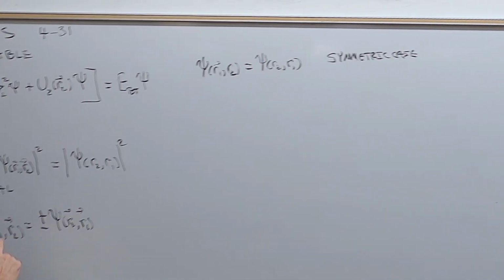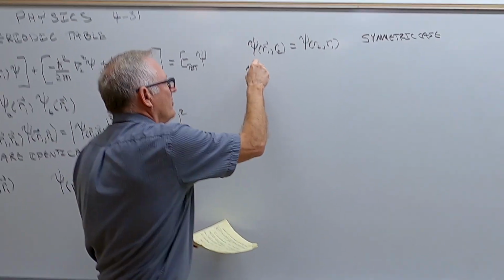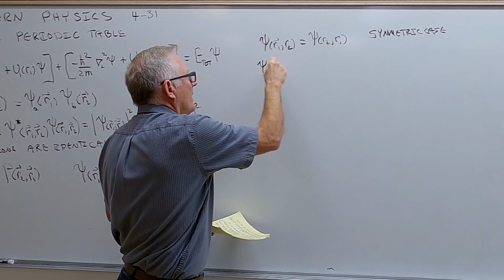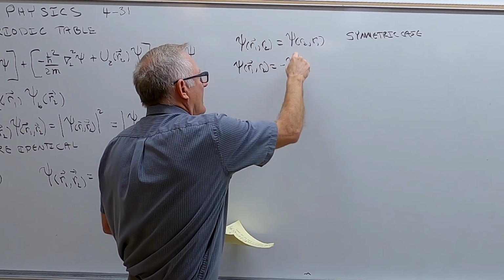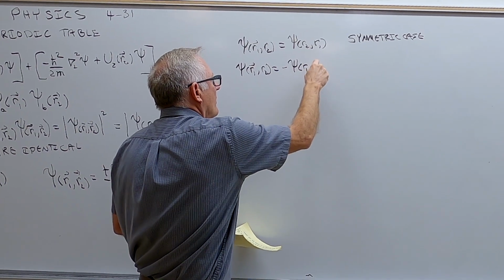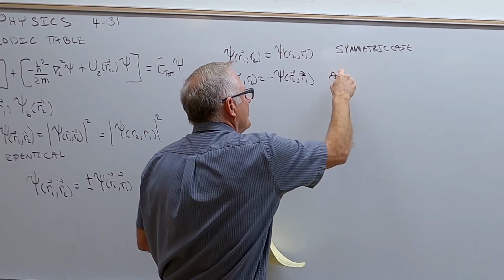And if this one is equal to minus that, we call it the anti-symmetric. So psi of R1, R2 is equal to minus psi of R2, R1. We call that the anti-symmetric.